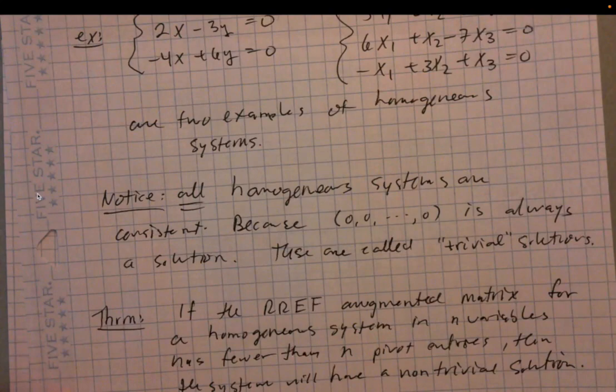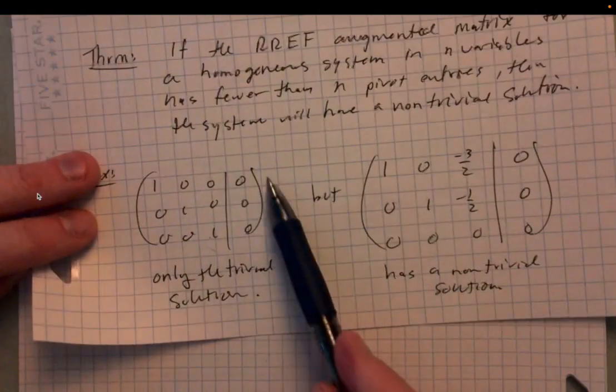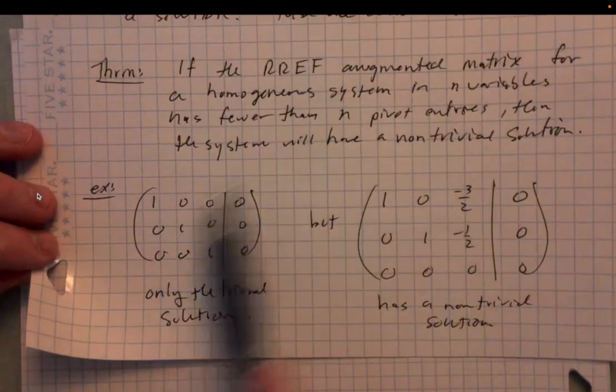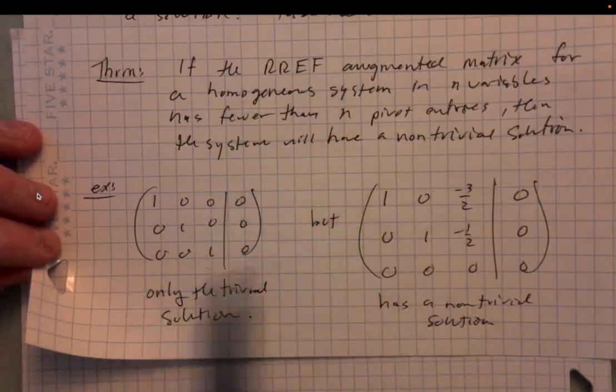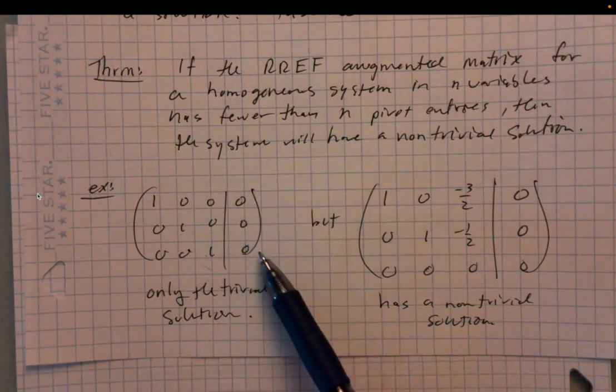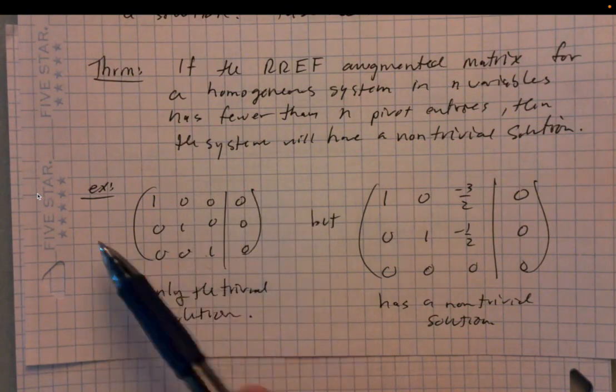Systems where this whole section here is 0, 0, 0, 0, 0, 0, 0. So this theorem only applies to homogeneous systems. It's very important. This does not apply to non-homogeneous systems. If you have scalars over here, then it doesn't apply. Okay. What happens if we have a system that has fewer equations than it does variables?